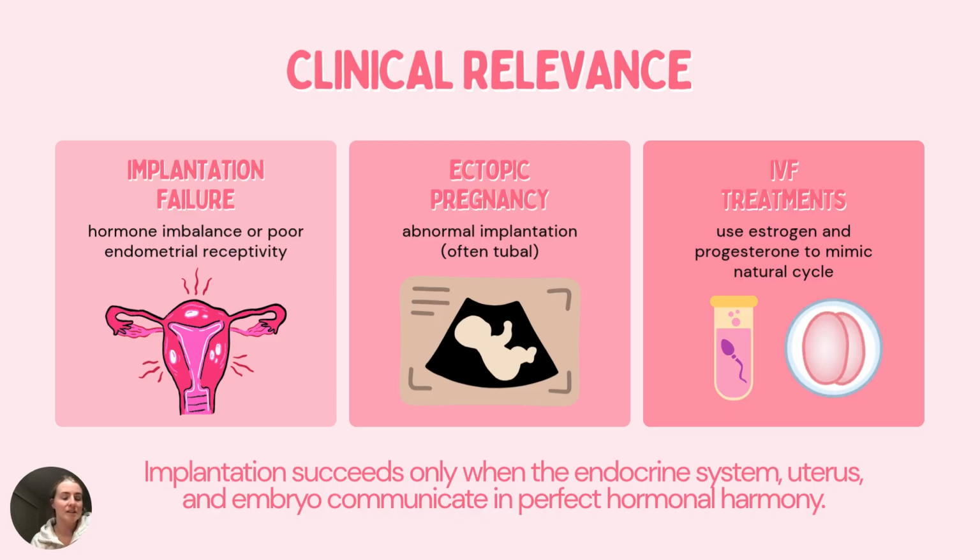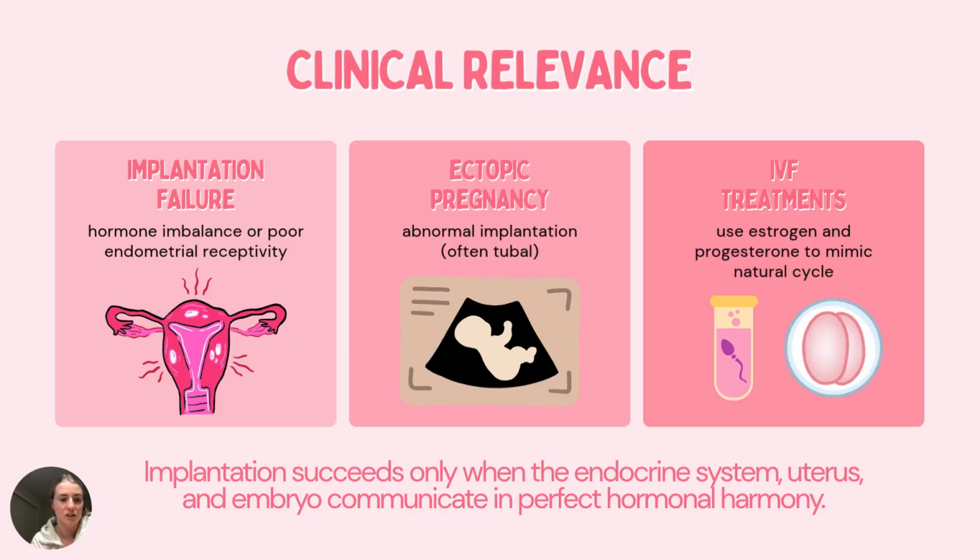Understanding these hormonal relationships also helps to explain several clinical conditions that happen in real life all the time. For instance, low progesterone or poor endometrial receptivity can cause implantation failure or early miscarriage.